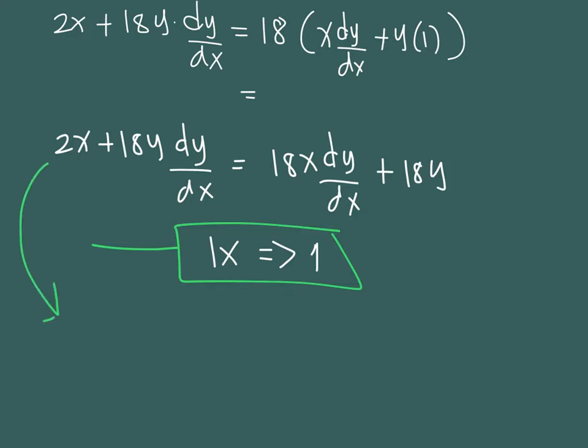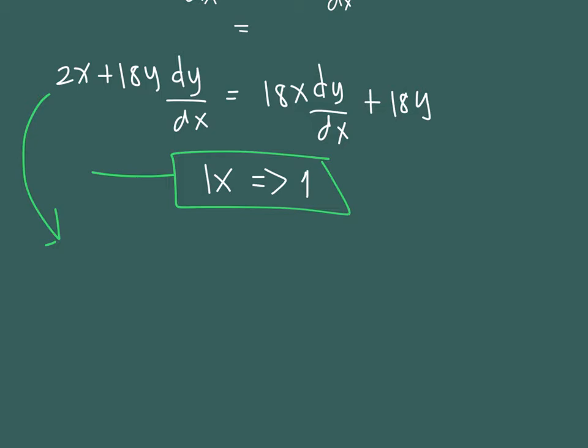Okay, again, your goal is to get dy over dx. You always isolate the one that you want to get. So make sure to place all the expressions or terms with dy over dx on one side and the rest on the other side. So I can write this as 18y dy over dx. What should I do? What goes to the left side?